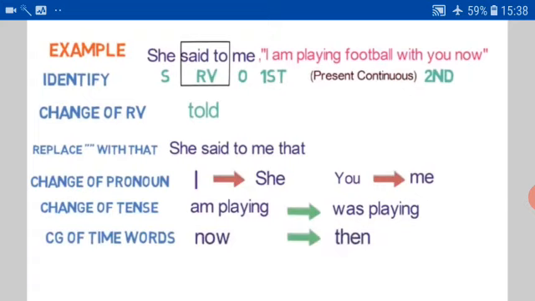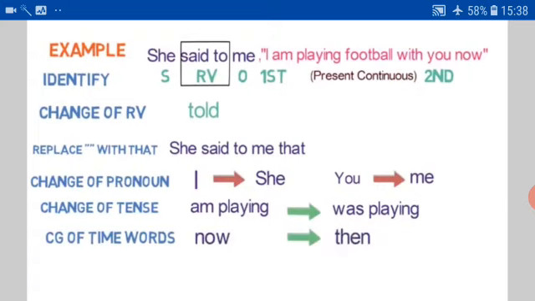She. What is the reporting verb? Said to. What is the object? Me. Now we have come to know: she is the subject, said to is the reporting verb, me is the object. Here are commas and inverted commas also. And "I am playing football with you now" is the reported speech part.